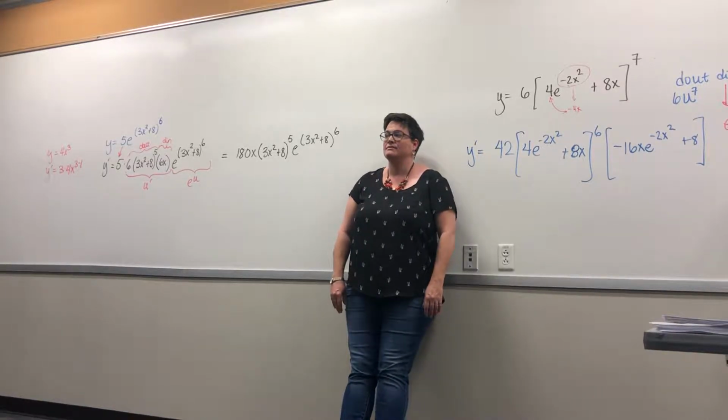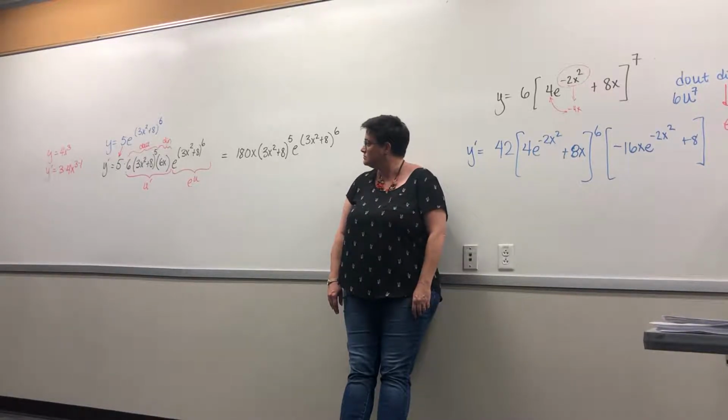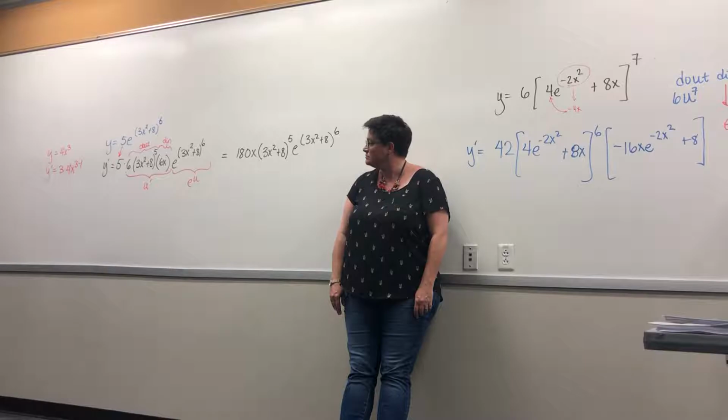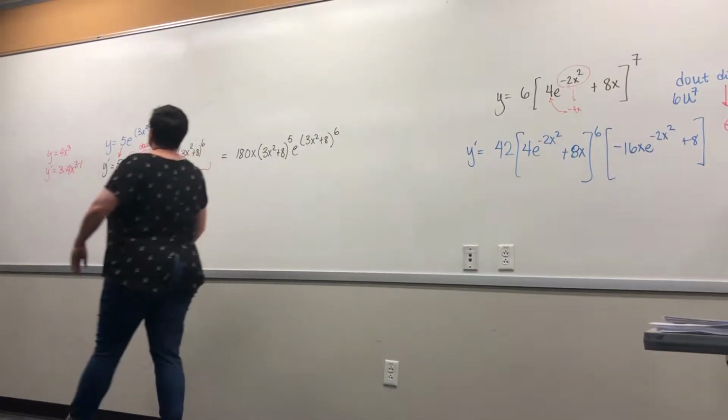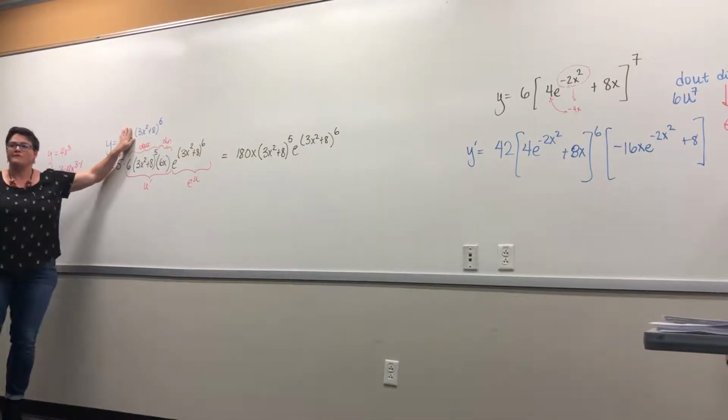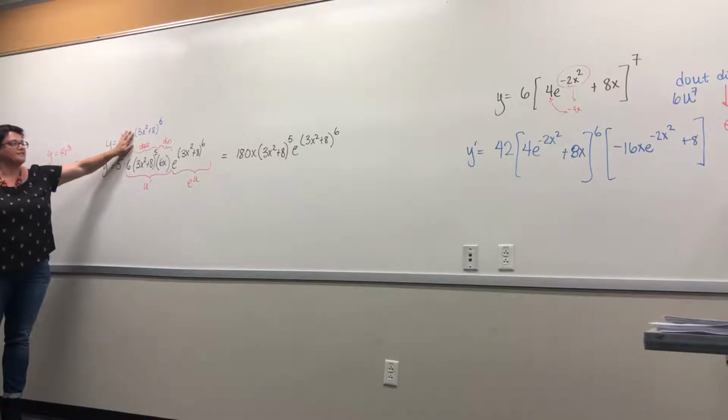Does it make sense? I'm confused on the 6x part. After the 3x squared plus 8 to the 5th, that's just 6x, right? What's u prime? It's 2 times 3, and then the 8 drops, so it's 6x.